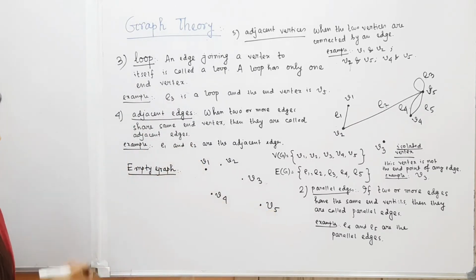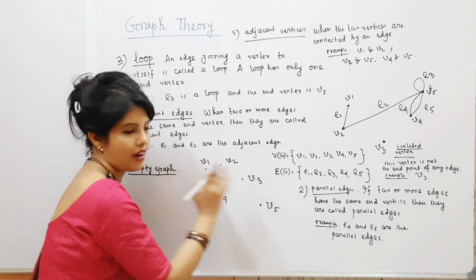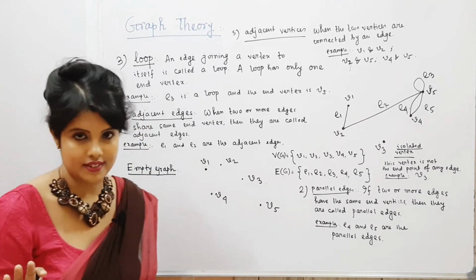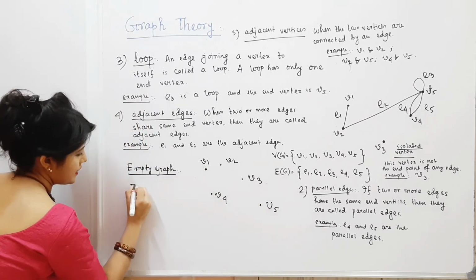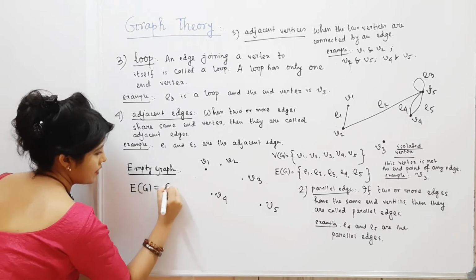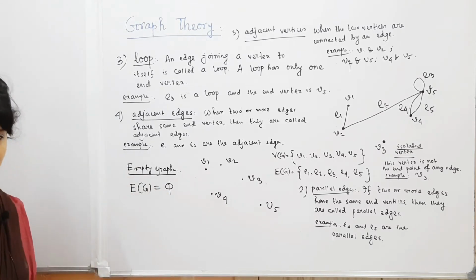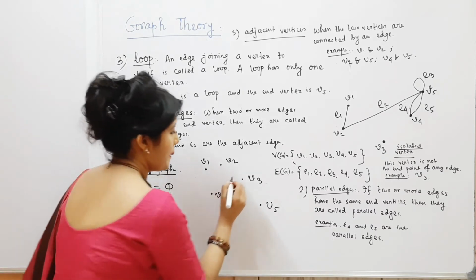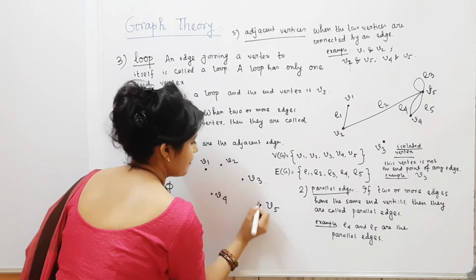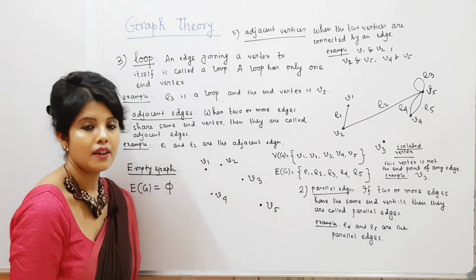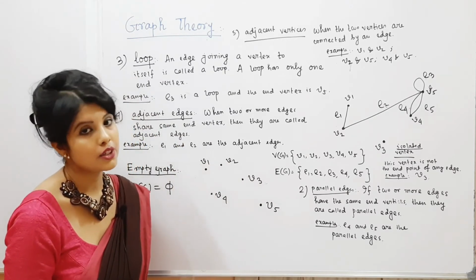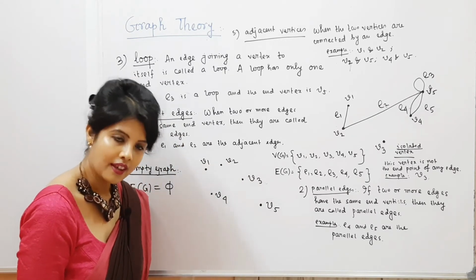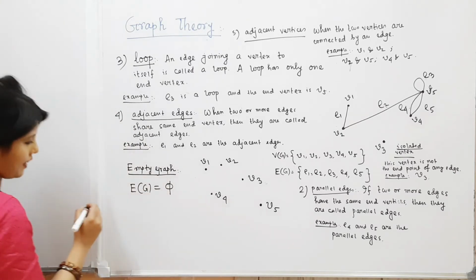So there are only vertices, no edges. So the set of edges is empty, and then it is called an empty graph. So what is an empty graph? If it has only the vertices but no edges, then it is called an empty graph.